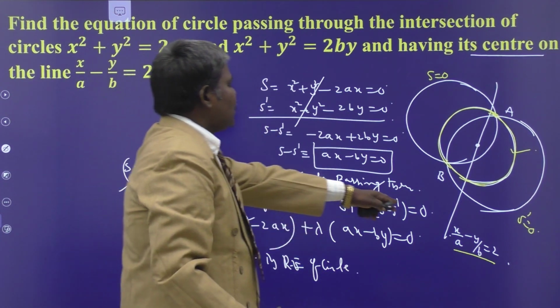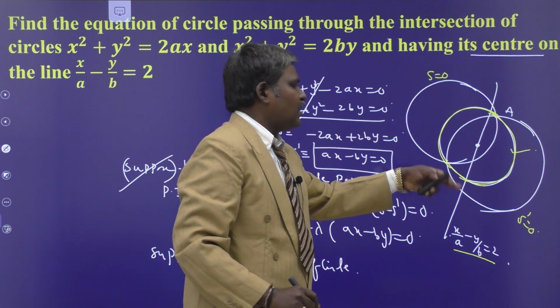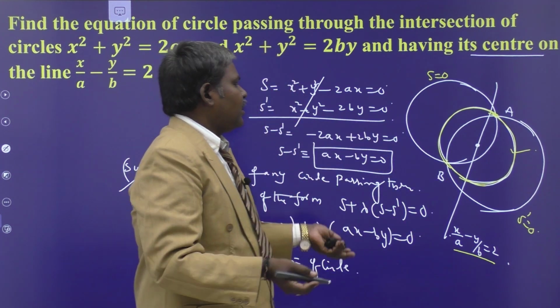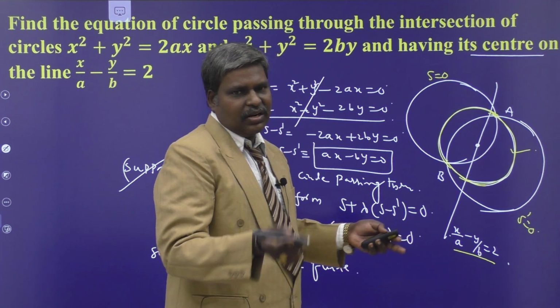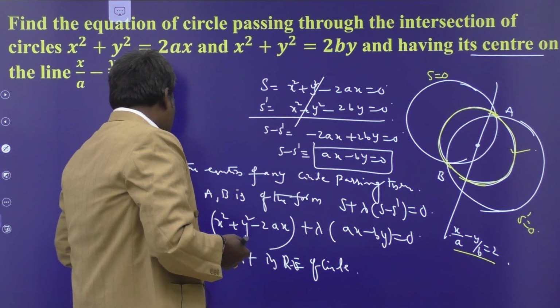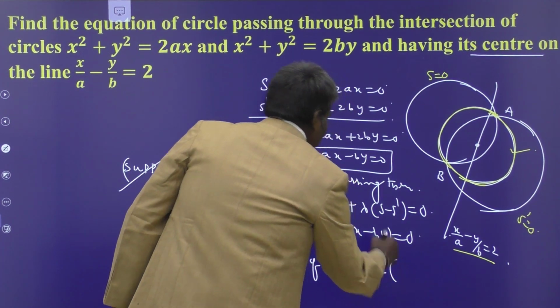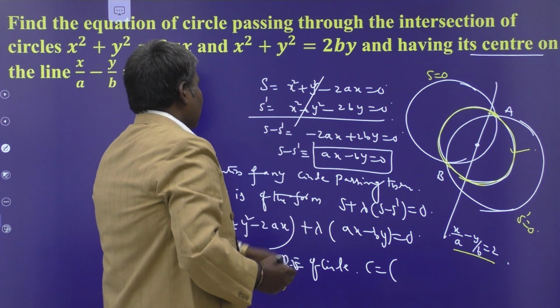its center lies on x by a minus y by b equal to 2, because every center lies on the diameter of the circle. The center of any circle must lie on the diameter of the circle. So if it is the required circle, center C lies on my line. What is the center?